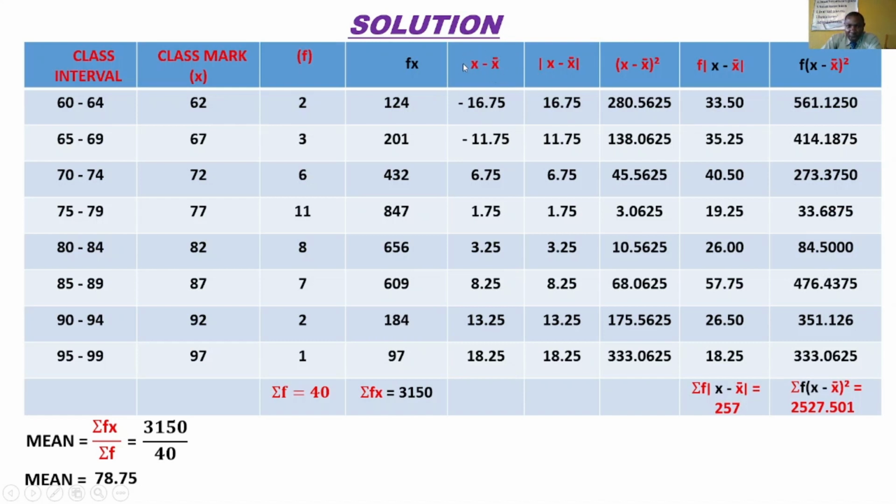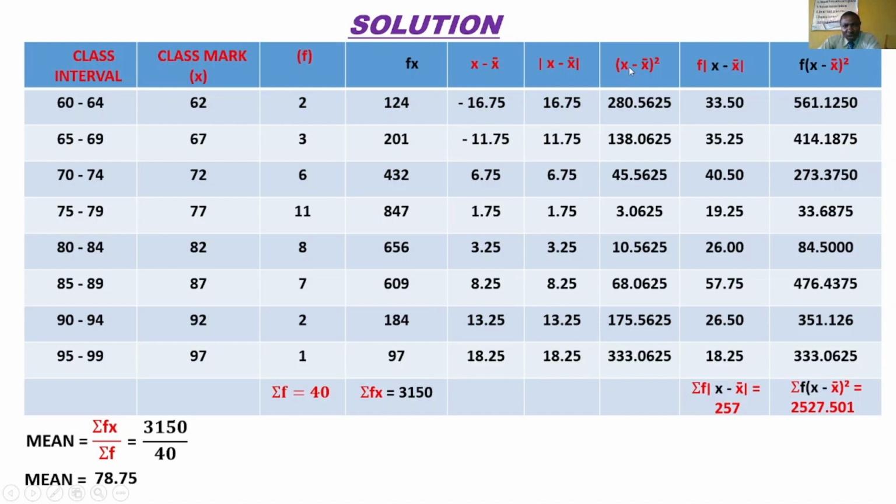Without the absolute symbol, the negative sign was included in the calculation. With the absolute symbol, the negative sign has to disappear, because that is the function of the absolute sign: to remove the negative sign or the minus anywhere it can be found. Now that that has been done, nothing is expected to change except for us to remove the negative sign. So this column remains the same except for the minus that we have.